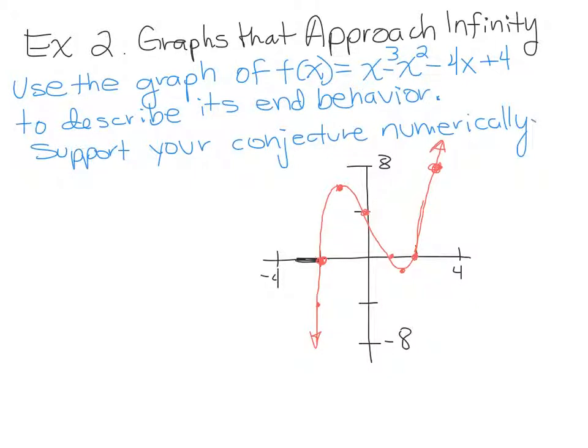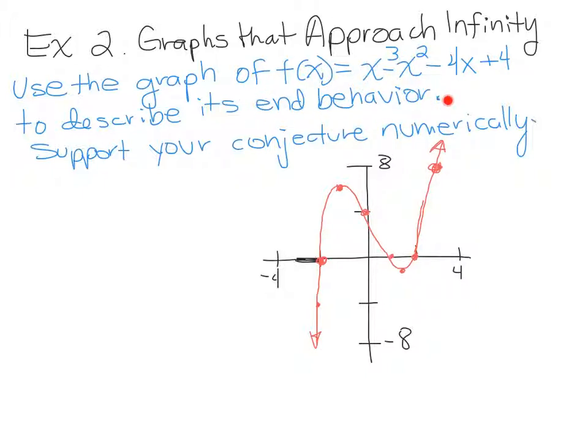So example number 2 says graphs that approach infinity. So this is a third type of example. And here we need to use a graph of the function given to describe its end behavior. So we're basically focusing on end behavior.